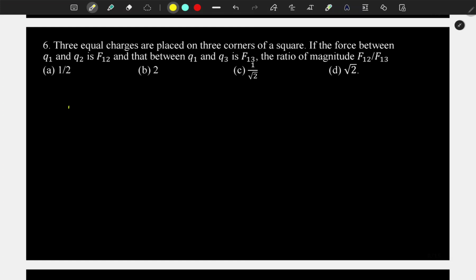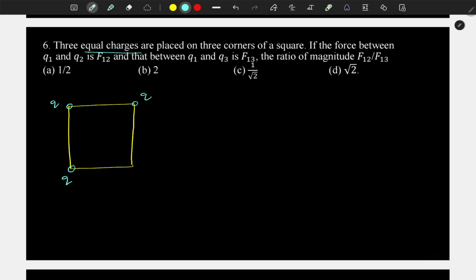So here it is similar to the previous question. If you consider a square and keep three charges, three equal charges, so that is Q1, Q2, Q3 is given. Let me consider it as Q, Q, Q.